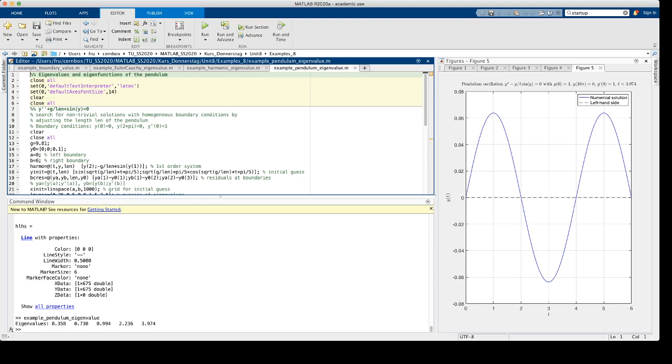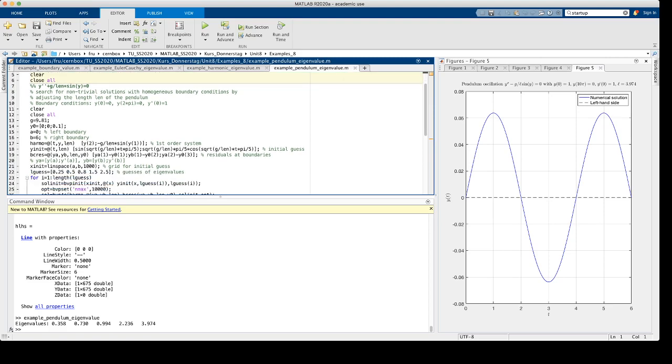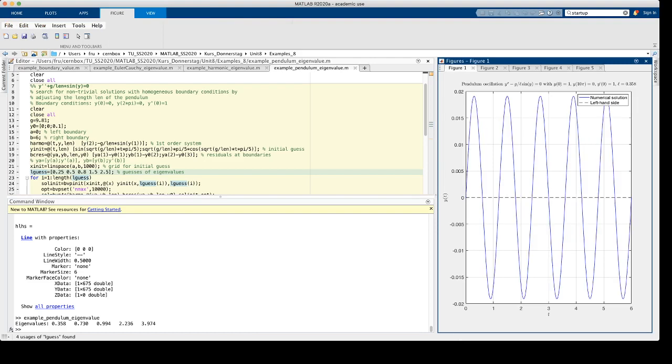With 2 pi, we get slightly different eigenvalues, of course. So for these 5 initial guesses in line 22, we find 5 different eigenvalues and the corresponding eigenfunctions.